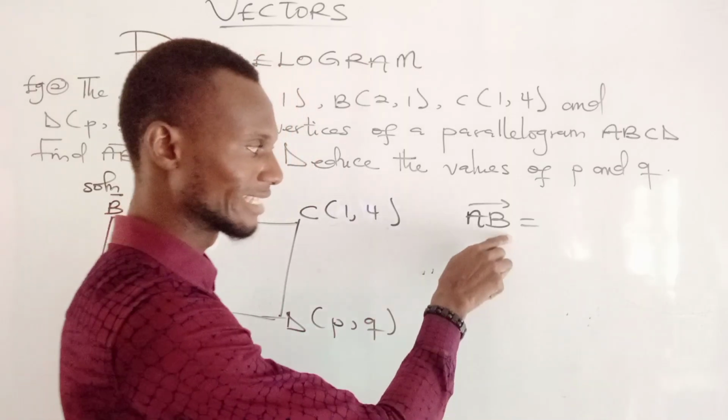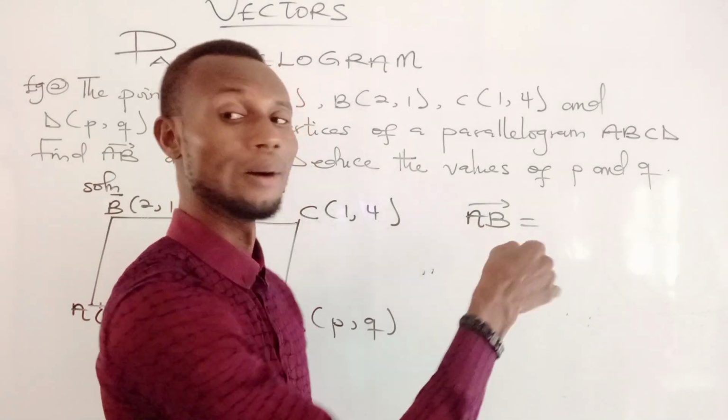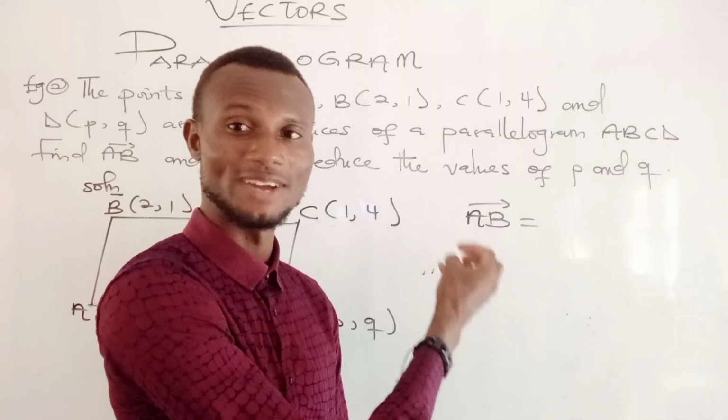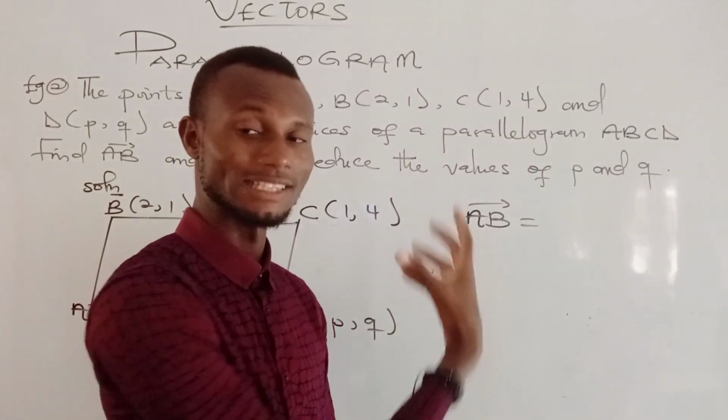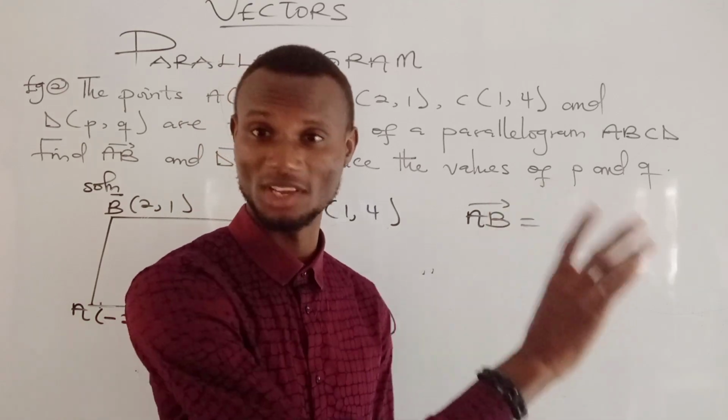The last letter here is B, so it is the position vector of B minus the position vector of the first letter, A. That's how we go about it, and we've done a lot of examples on this in the previous videos.